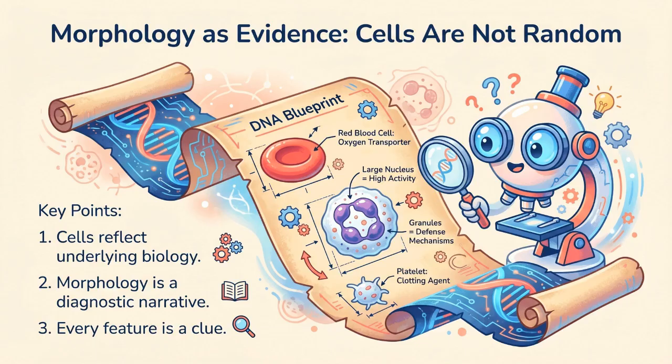Your role as a histotechnologist is akin to that of a detective, meticulously gathering these morphological clues and piecing them together to interpret the cellular narrative. This narrative, in turn, reveals the underlying biology, guiding clinicians toward an accurate diagnosis and appropriate treatment strategy. Trust in the evidence that the cells present. They rarely lie about the state of the hematopoietic system. Next, we'll define exactly what a blast is.